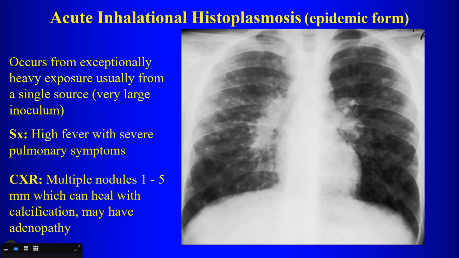Have you heard of the curse of King Tut's tomb? The first few people who walked in there apparently died of some mysterious febrile illness. It's thought that that was histoplasmosis.